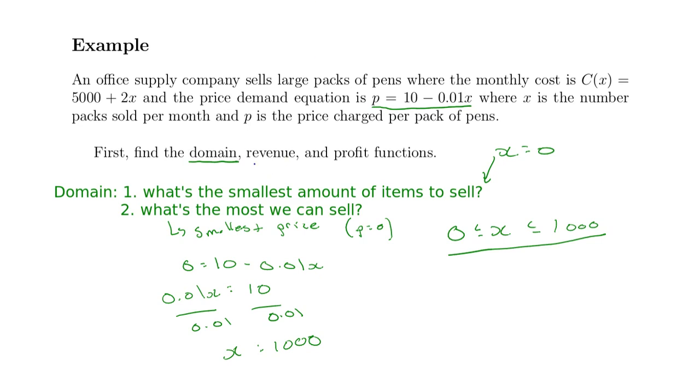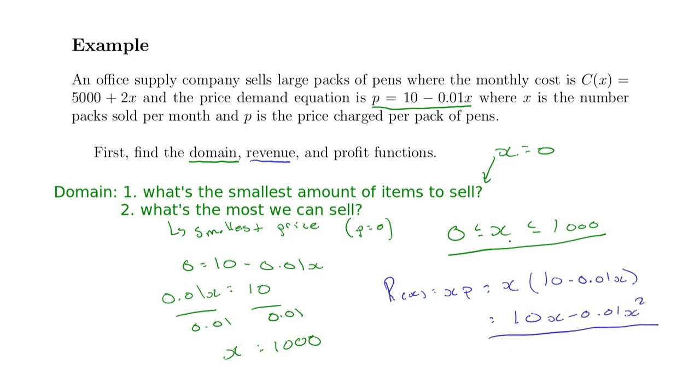For revenue, then, we know that revenue is always the same. It's quantity times price. So we'll take X times our price-demand equation. There's a decimal in there. So we've got 10x minus 0.01 x squared. And we know that profit is always the same kind of thing. Profit is revenue minus cost.